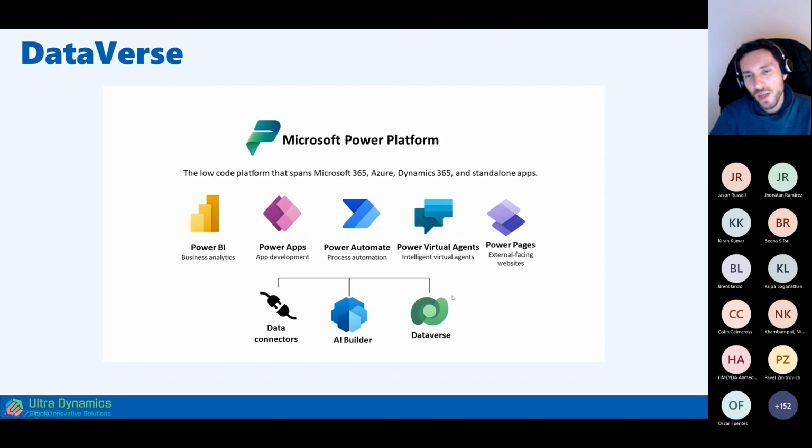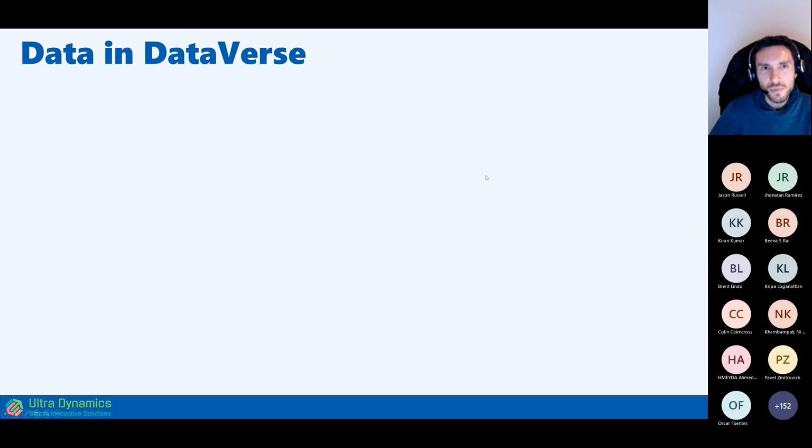But when it comes to ALM and most of the solutions that you'll build, Dataverse is quite key. So for the session today, I'm going to be focusing on Dataverse and the data that you have within Dataverse and how you manage that data as part of your application lifecycle management.